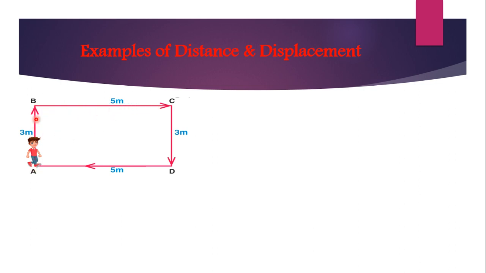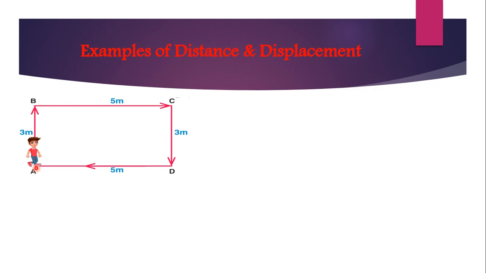In this rectangular path a boy is traveling. Let's say the boy starts from position A, travels this entire rectangular path and then comes back to position A, and then we have to calculate the distance covered by this boy.